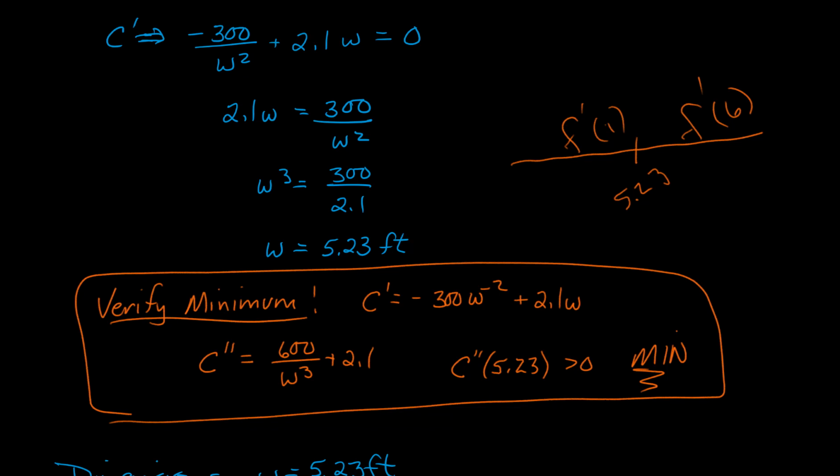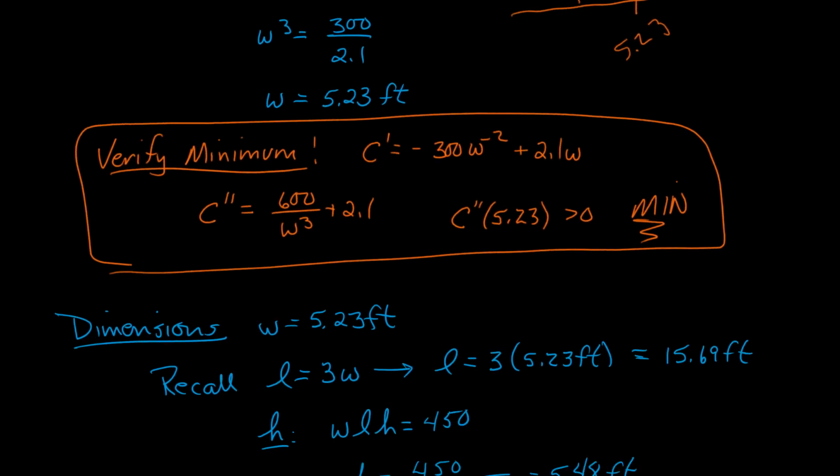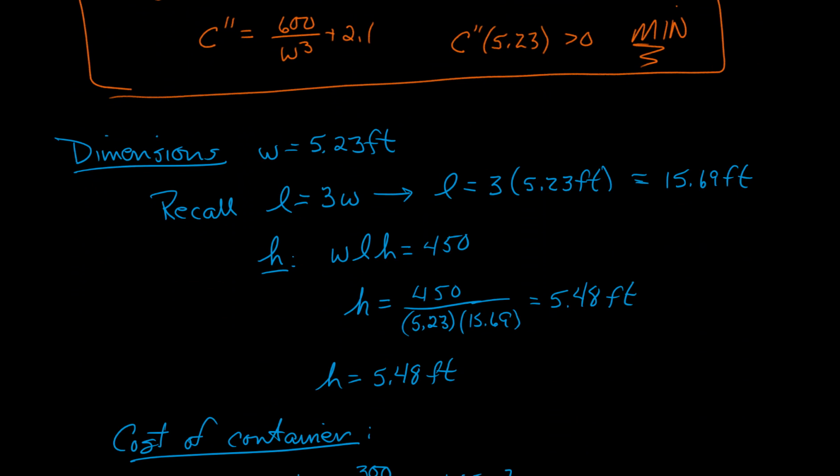And when the second derivative is positive, that means it's concave up. And if it's concave up, you have a minimum. Okay, so I verified that my answer, the width of 5.23 feet, is a minimum. So what I'm going to do next is chase down the dimensions.